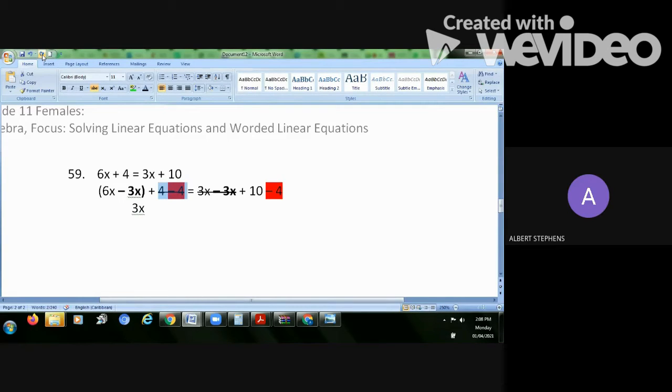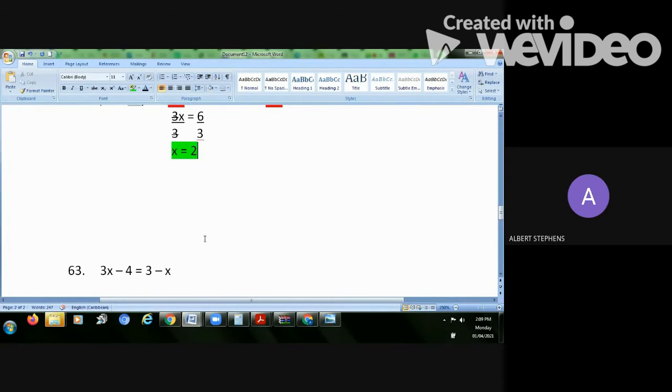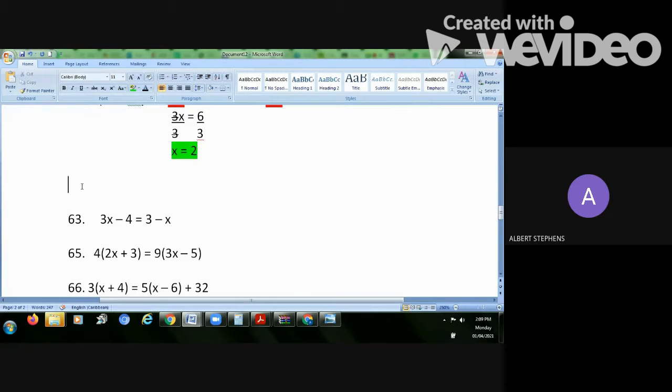And 4 from 4 will cancel out. And what's left back is this 3x that was over here. That's the only thing left on the left hand side. And then 4 from 10 is 6. You divide everything by 3. x equals 2. Alright? Hope you're following.